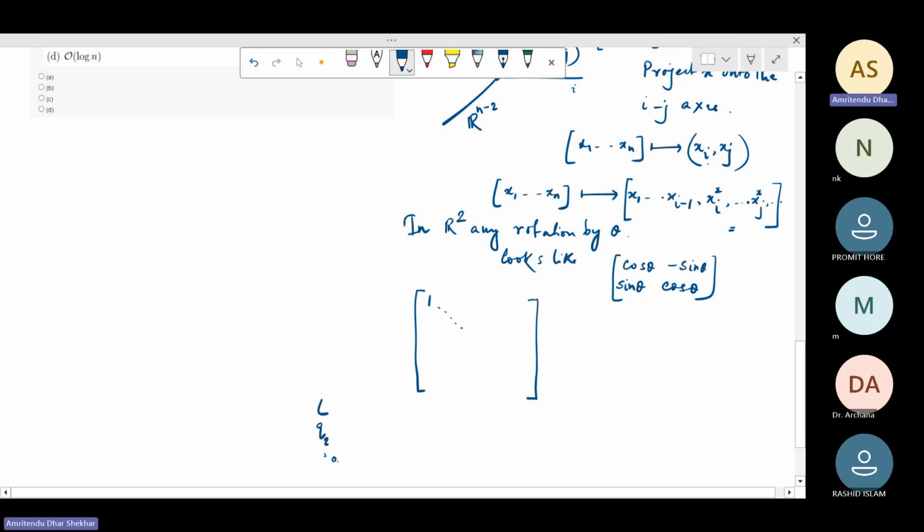So it has all ones, but in the ith row, ith column, it has cos theta. Similarly, there is this jth row, jth column. At j, this is sine theta. This is minus sine theta here, cos theta here, and the rest are all ones again.